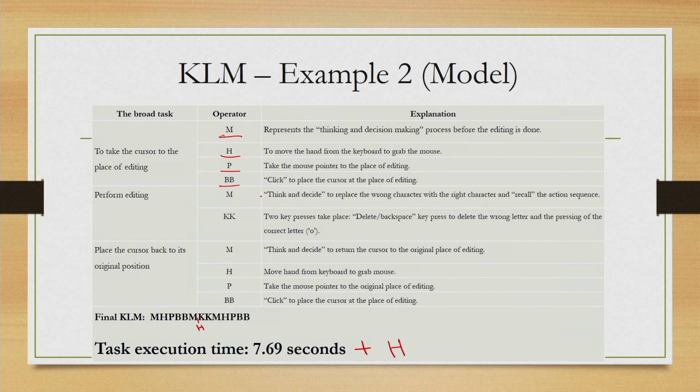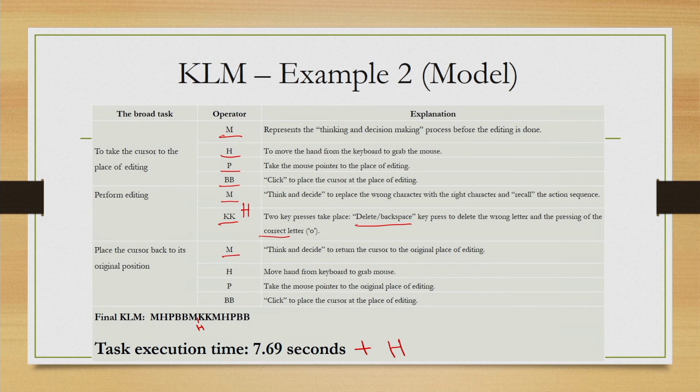That is a collection of operators BB. This is followed by the actual editing activities, which has one M for initial decision making, then one H for homing again, then one KK, or the series of two operators K and K representing the two operations delete and insertion of the correct letter. And finally, we want to come back to the point from where we left.